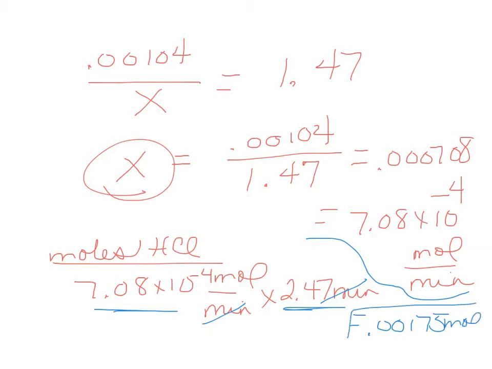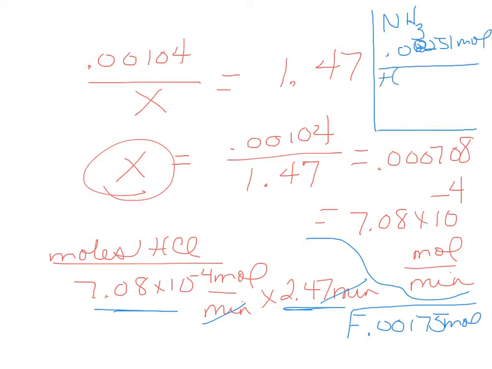All right? Let's see if that makes sense. We had ammonia, and the problem told us that 0.00251 moles of ammonia effused in a certain amount of time, and they asked us to calculate how many moles of HCl would diffuse in the same amount of time. The answer we've come up with is 0.00175 moles of HCl. So let's make sure these answers make sense.